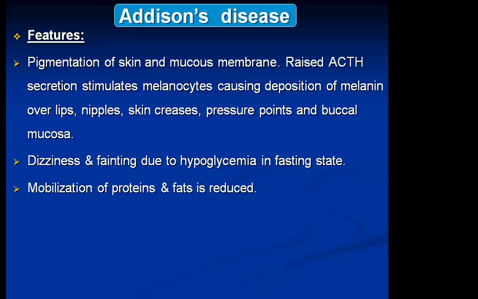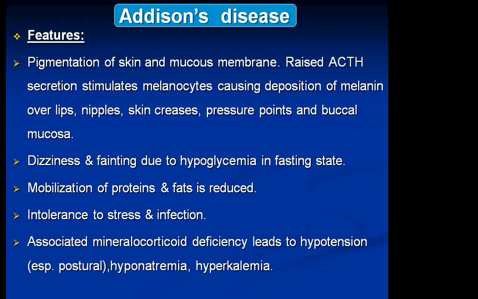Mobilization of proteins and fats is reduced. We have already seen that cortisol is concerned mainly with mobilization of amino acids as well as lipolysis. So whenever there is decrease in the cortisol, mobilization of proteins and fats will be reduced. There will be intolerance to stress and infection because it is one of the major actions of cortisol.